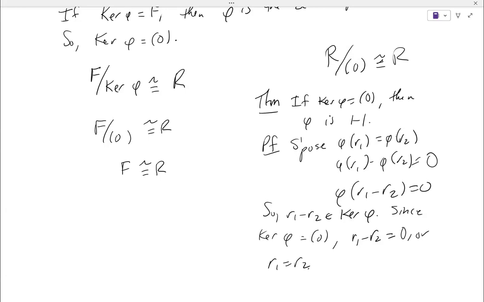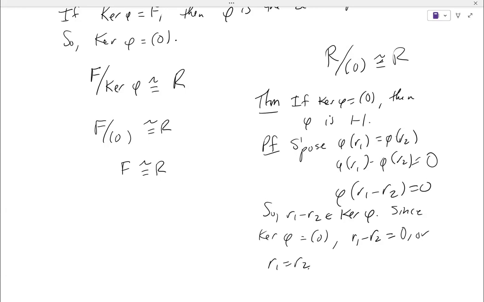No. So that's why your kernel is just the 0 element. This is the idea behind the first isomorphism theorem: you can find isomorphisms more easily if you can just find surjective homomorphisms and know what the kernel is, rather than having to go through all the work for isomorphism.